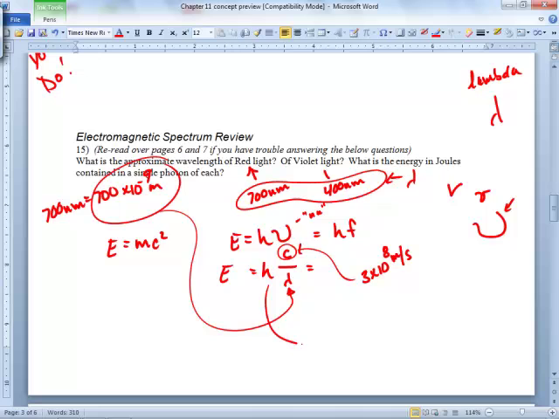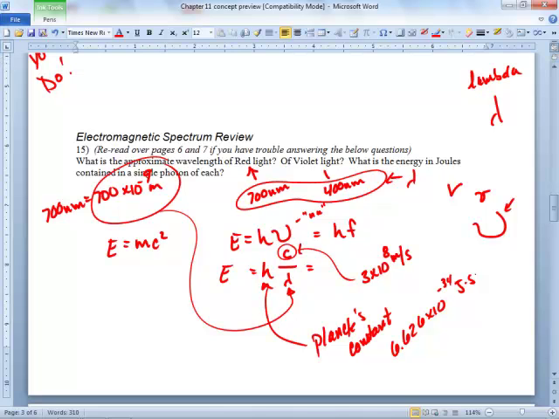H is called Planck's constant. And you can just Google it. But I'm pretty sure, if my memory serves me right, 6.626 times 10 to the negative 34. I think that's it.